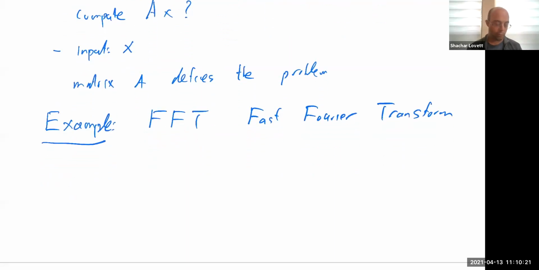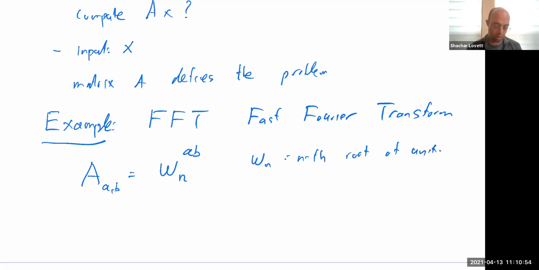The FFT has the following very specific matrix. It's an n by n matrix, where the ij entry of A is going to be omega_n to the ij, where omega_n is the complex nth root of unity, and concretely it's e to the 2 pi i over n.